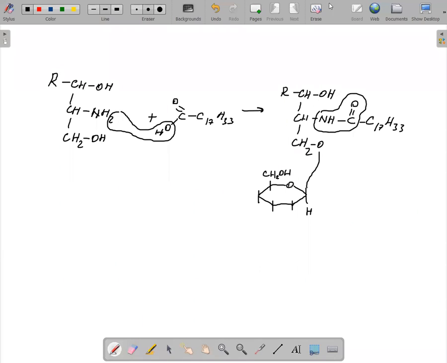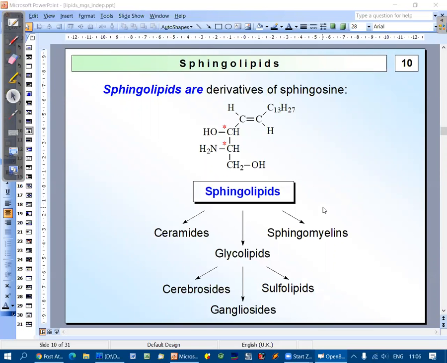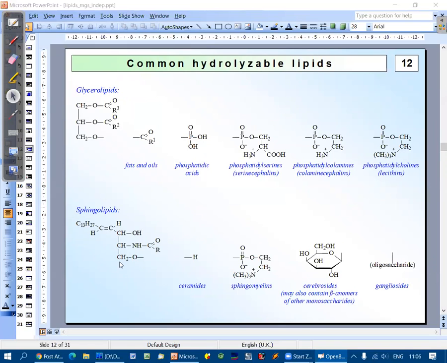Let's have a look at our table with classes of sphingolipids. So this is an amide bond, and this is R, the tail of fatty acid. In case of free OH group at the first position in sphingosine, the class is called ceramide.